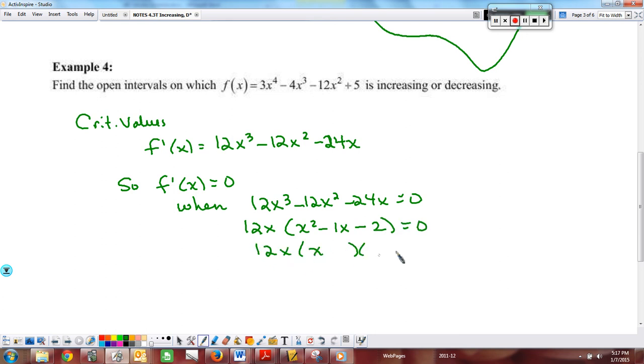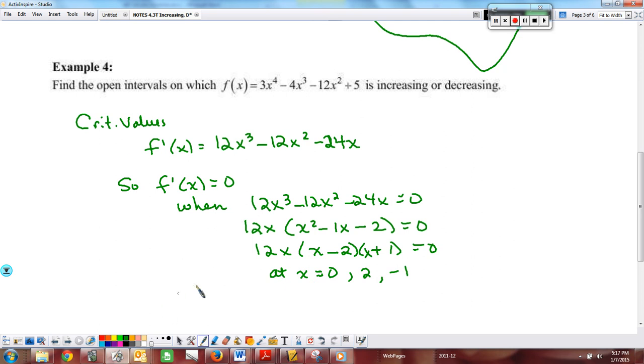Let's see if this factors. 2 and 1, let's make this negative and that positive. So this happens at x equal to 0, 2, and negative 1. So we have 3 critical values where we have a slope of 0.